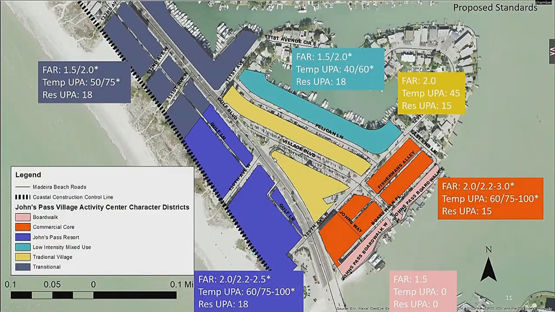And like I stated before, there's a few different reasons why this whole area was included, but one of the main reasons is there's a concentration of those non-conforming properties in this area. There's also issues that we've found with the land use and how the county has categorized it, especially in this transitional district.